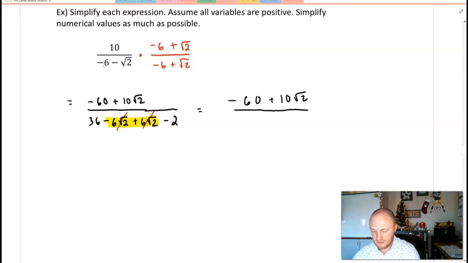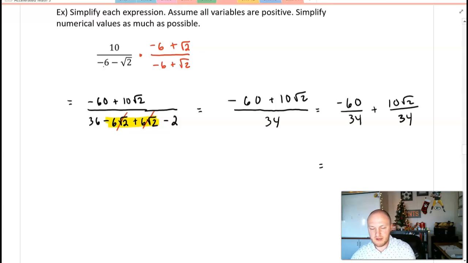36 minus 2 is 34, and we can go ahead and divide each term by 34. Okay, and we can simplify. We'll just reduce by 2.